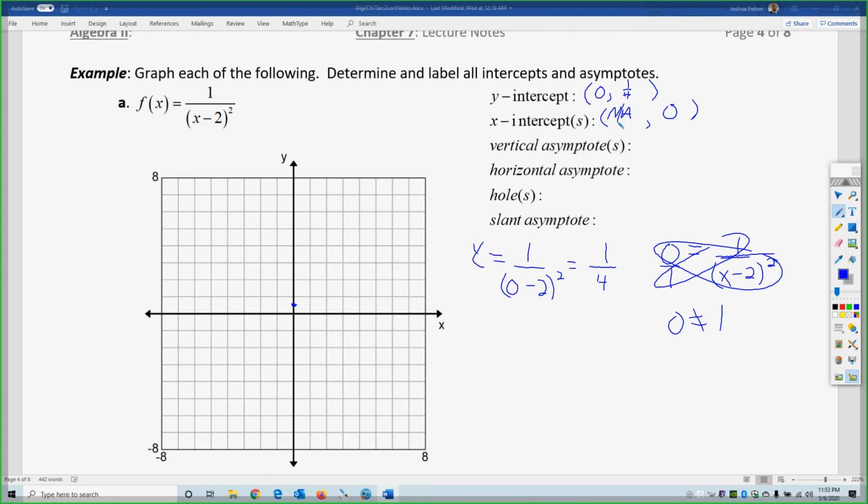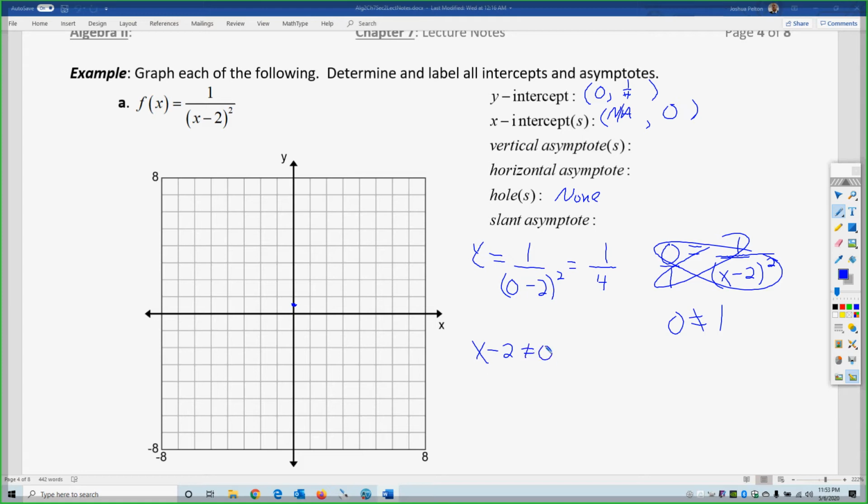Okay, vertical asymptotes and holes. So if you look at the denominator and the numerator, they have nothing in common. So nothing cancels. Therefore, there is no hole. But x minus 2 cannot equal 0.